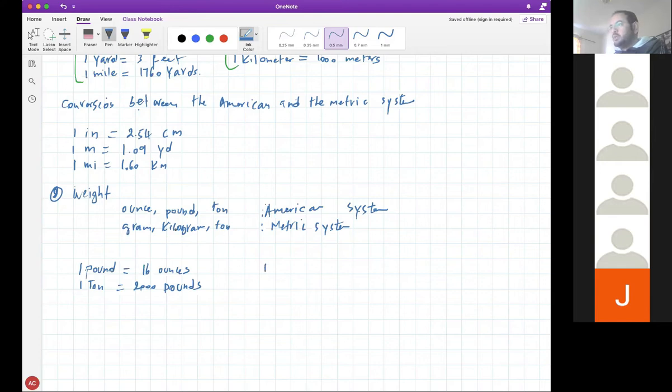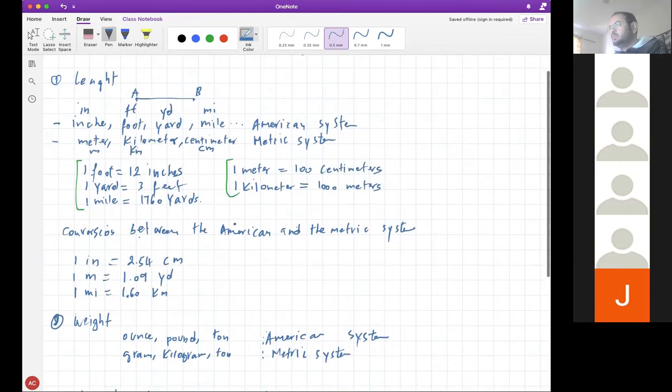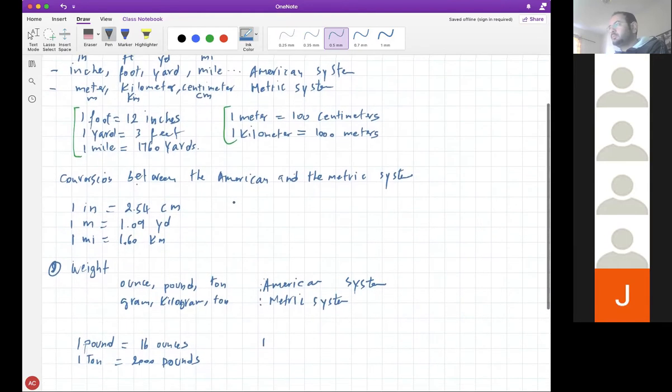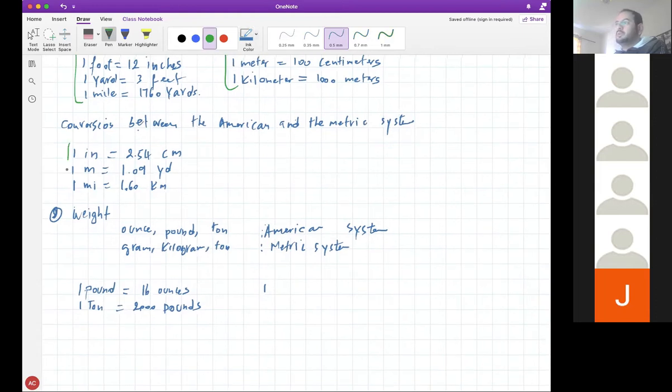So 1 kilogram is about, let's see the other. Okay, we did this and we did that. So that's the American system, that's the metric, and the relationship to go from one to the other is this.